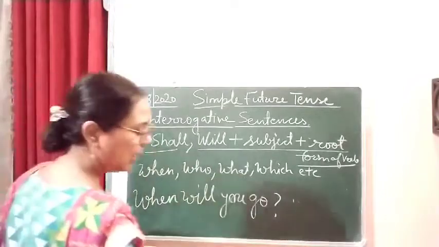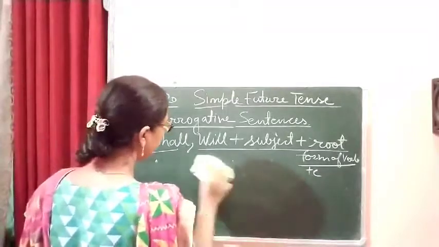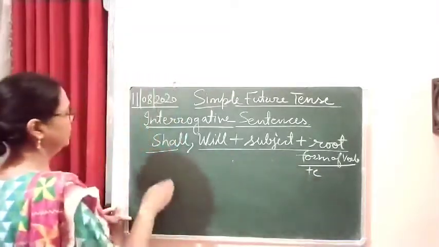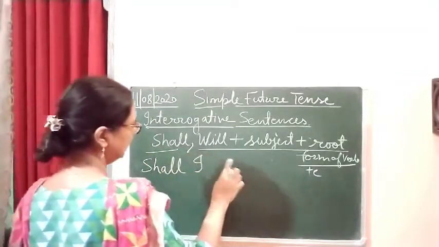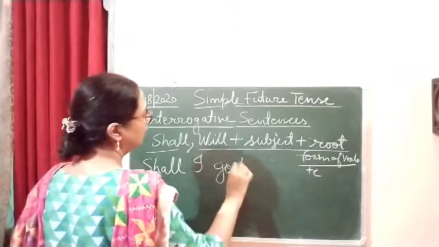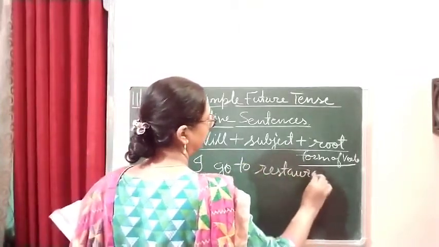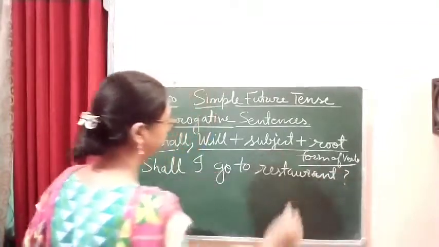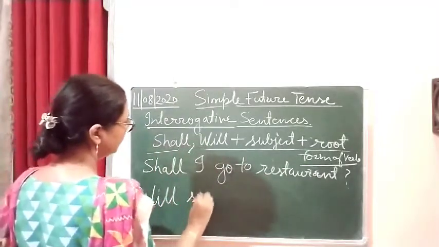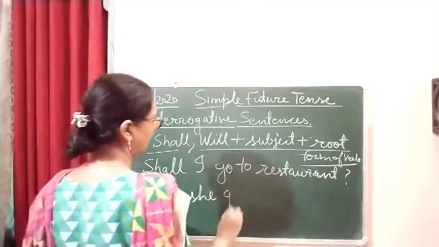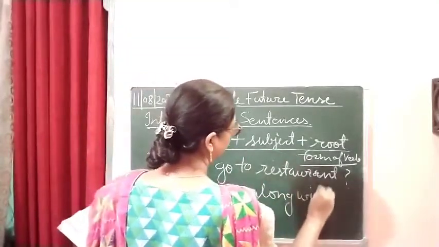And here I am going to give you one example of will and shall. Shall I go to the restaurant? Or will she go along with you?